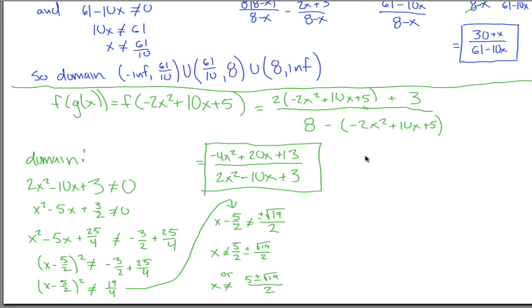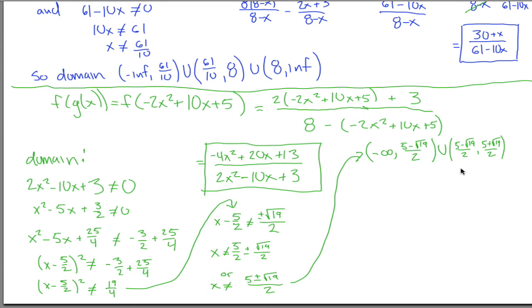So in interval notation, my domain is I want everything from negative infinity up to 5 minus root 19 over 2, union everything between those two numbers, 5 minus root 19 over 2 to 5 plus root 19 over 2.